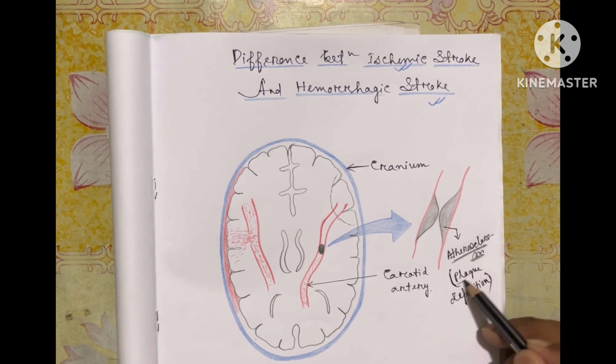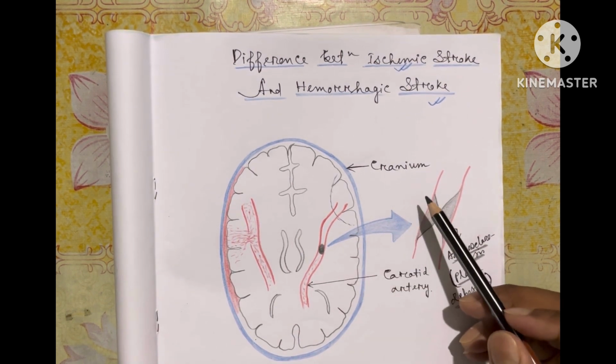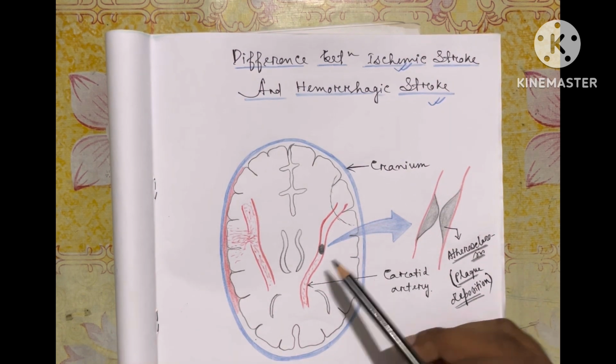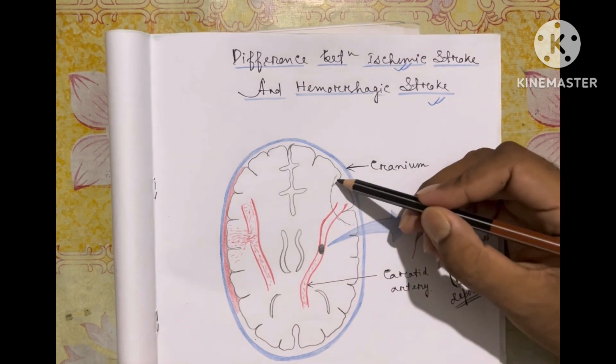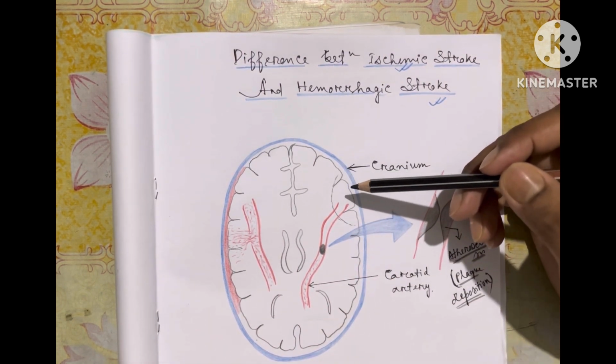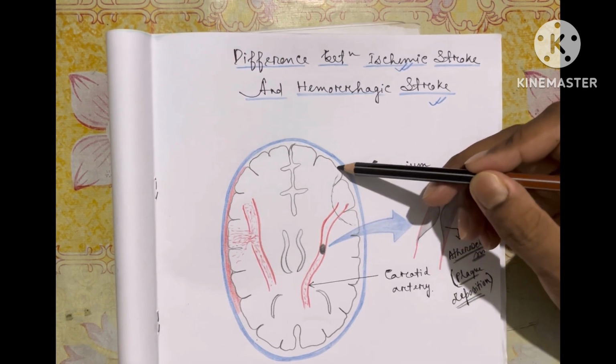This atheroma formation or plaque deposition is because of fats which are present inside our carotid artery. So this carotid artery is basically responsible to supply nutrition and blood oxygen to this region.